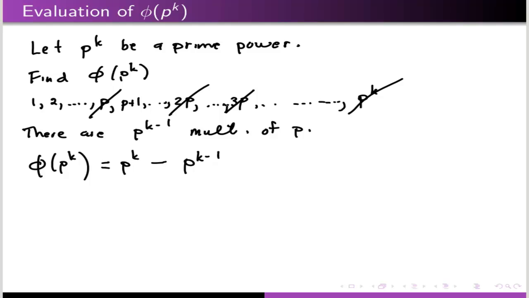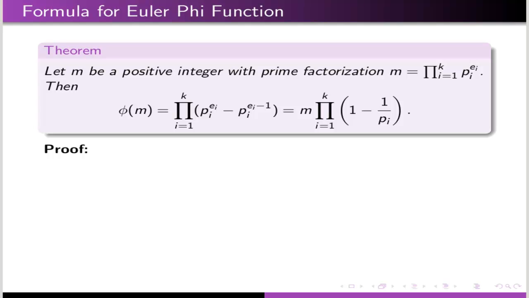And then to get the Euler phi function at any value, we just use the multiplicative property. So if m is a positive integer with prime factorization, product of p_i to the e_i's, then the Euler phi function is just the product of p_i to the e_i minus p_i to the e_i minus 1.